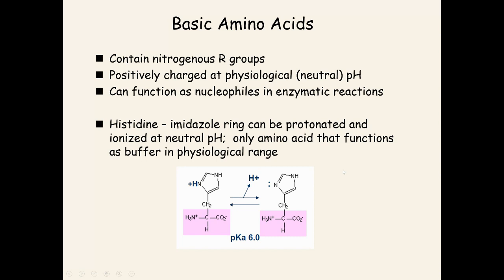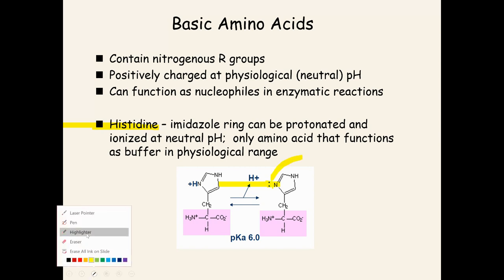Our basic amino acid, the most famous one for sure, is histidine. I asked you to recognize it. You don't have to write it, but I asked you to recognize it. And you see here the basic group.